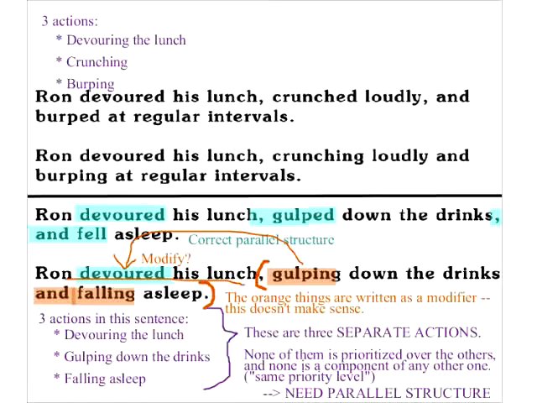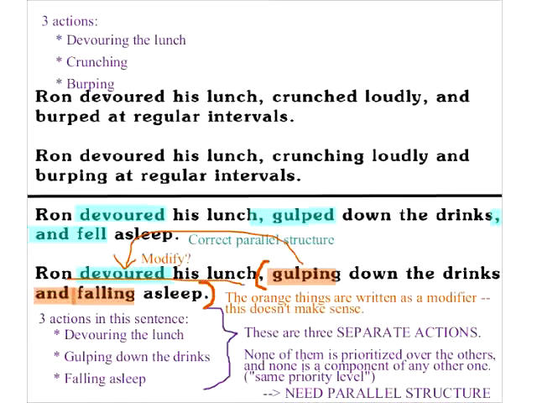Okay, a couple people are still typing, so we'll wait a second. Yeah, crunching and burping, this is not three separate actions. Crunching and burping is a description of how Ron devoured the lunch. You do have to use a little bit of common sense when you do this.